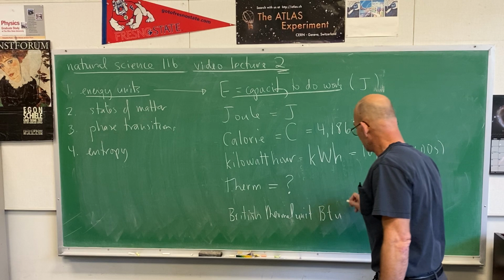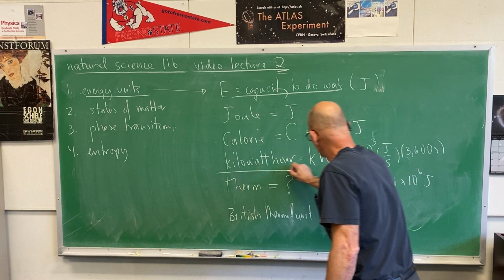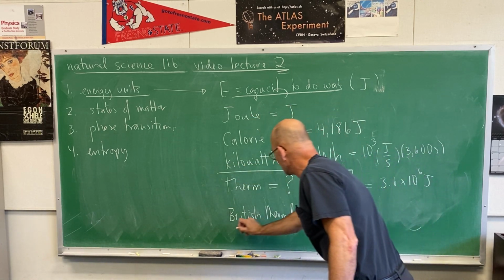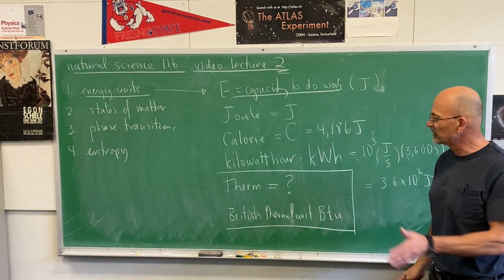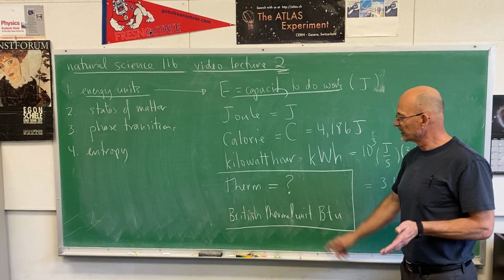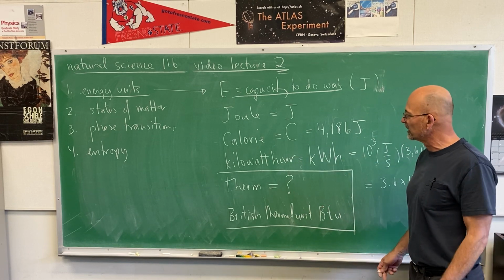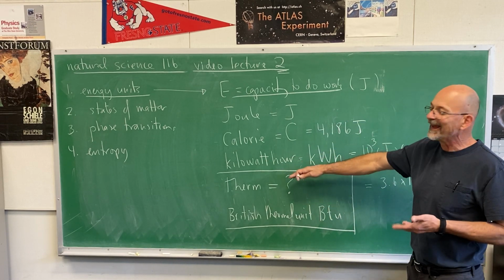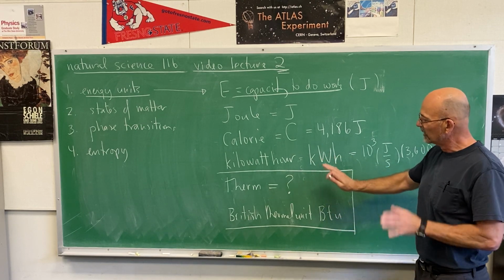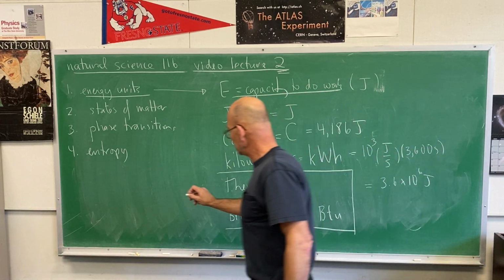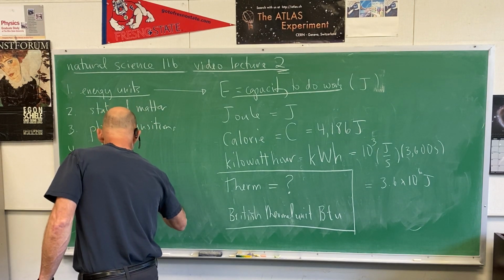So what about these? Let's make this a homework problem. Why don't you look up what's a therm, what's a British thermal unit, and then you can include it in this table here. So perhaps you should leave enough room, leave some space, look this up.